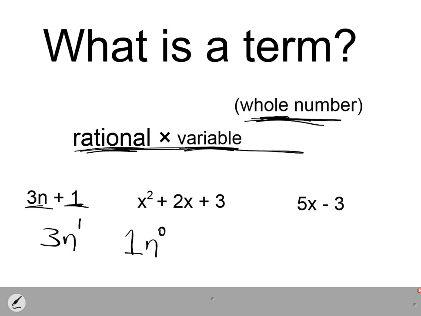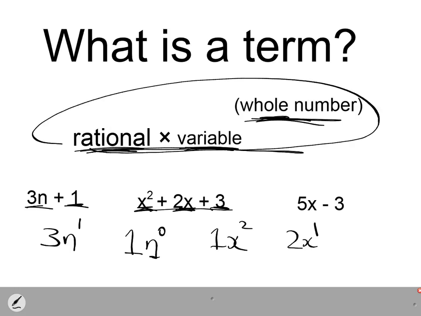Remember from your power laws that any number except for 0 to the power of 0 would in fact equal 1. The same thing is true here. I can think of this term as 1x to the power of 2. I can think of this 2x as 2x to the power of 1. All of these terms, whether they have a variable or not, still follow this rule.